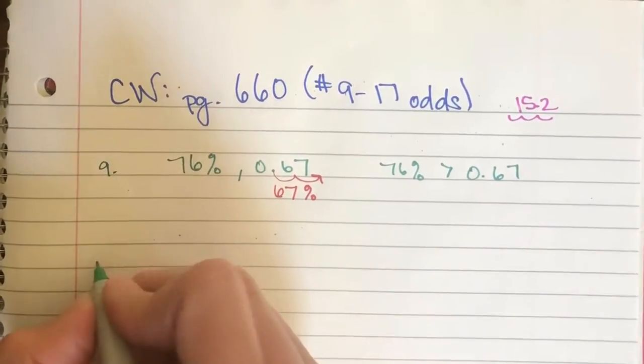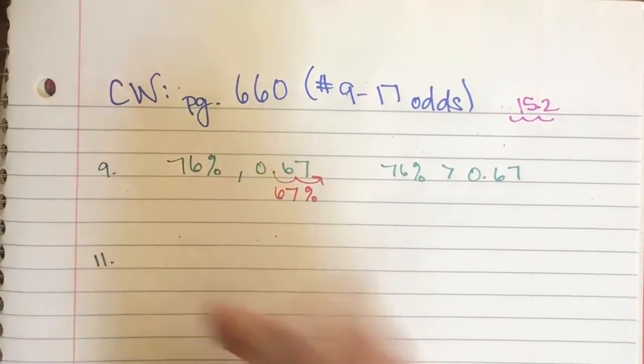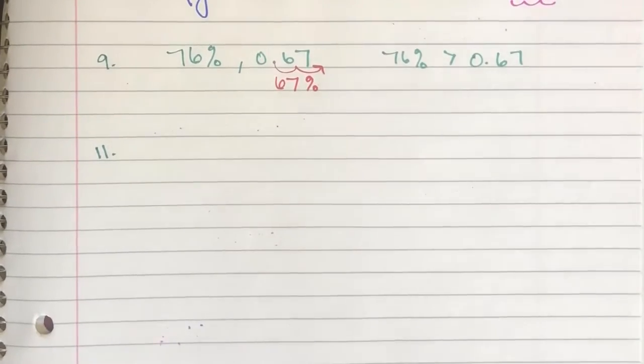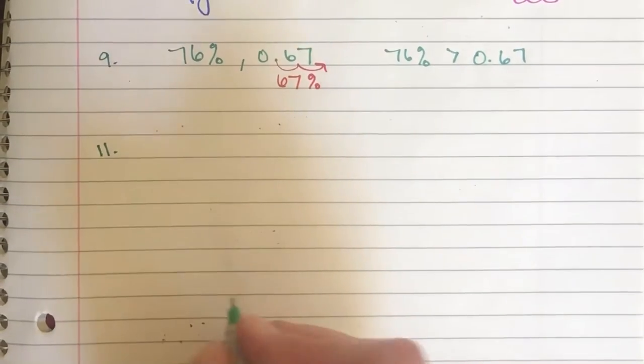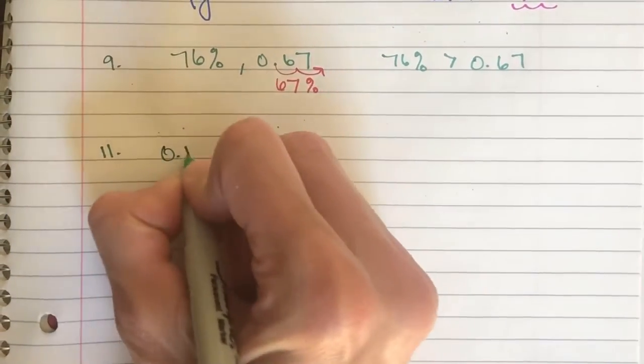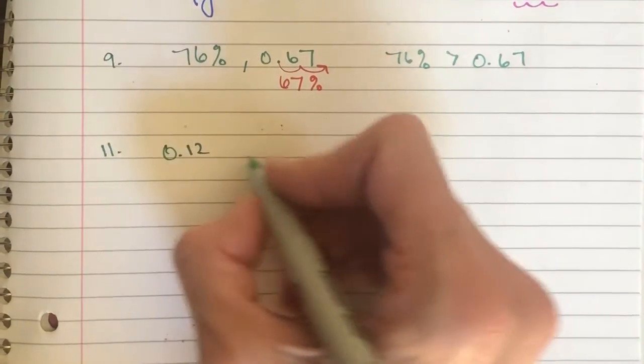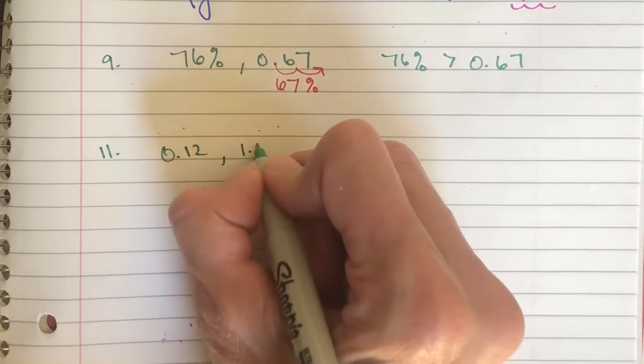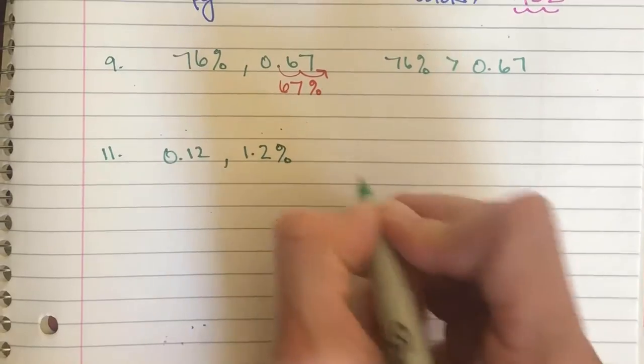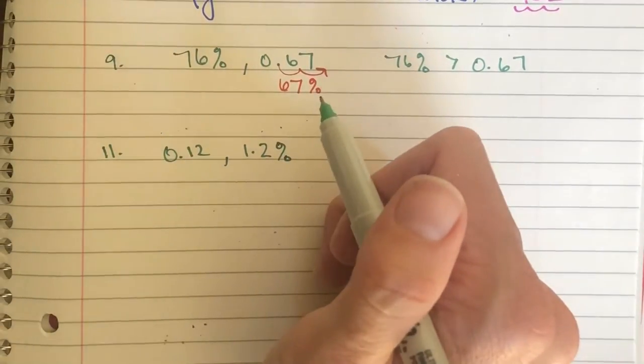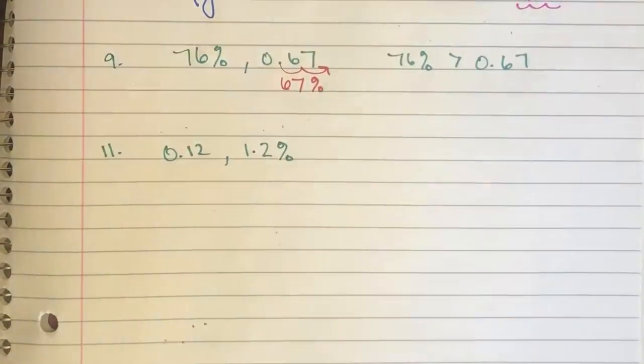Okay. Number 11. We have 12 hundredths and 1.2%. Okay, so let's take a look.